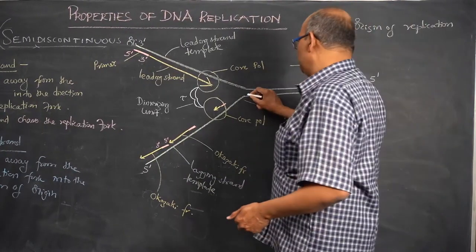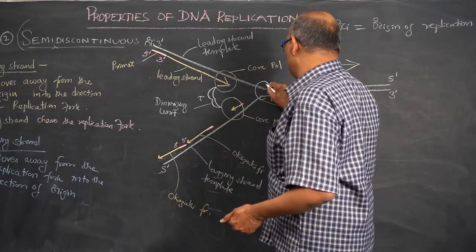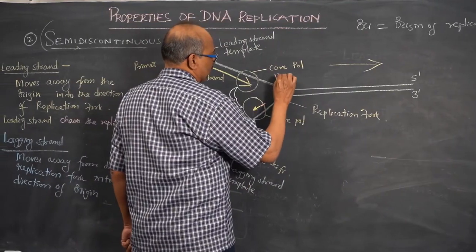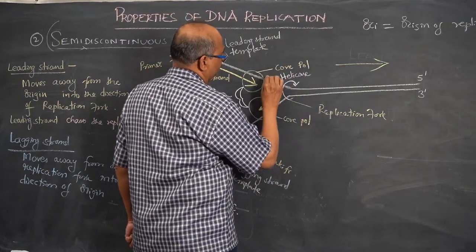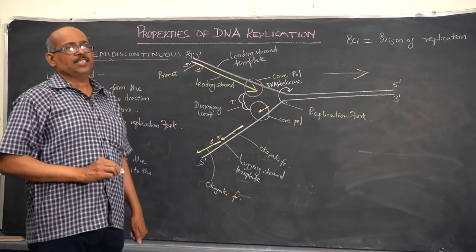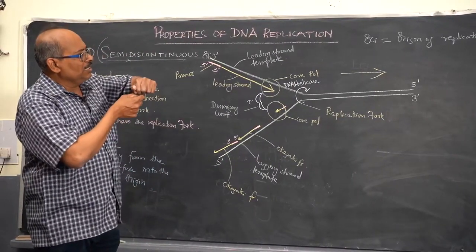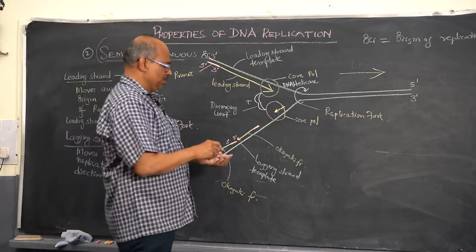Here we will have the enzyme that unwinds the DNA. We call this enzyme DNA helicase. The DNA helicase is an enzyme that unwinds the DNA so that the replication fork can progress in the forward direction.